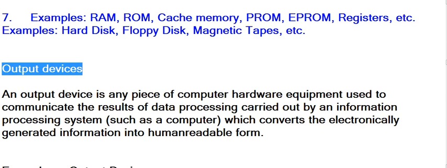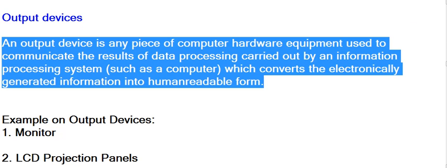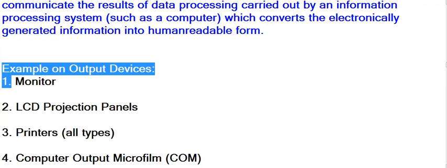Output devices. An output device is any piece of computer hardware equipment used to communicate the results of data processing carried out by an information processing system, such as a computer, which converts the electronically generated information into human-readable form. Examples of output devices: 1.